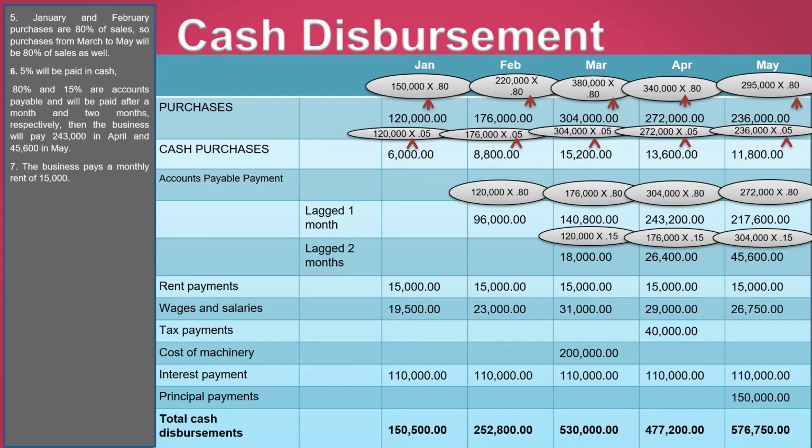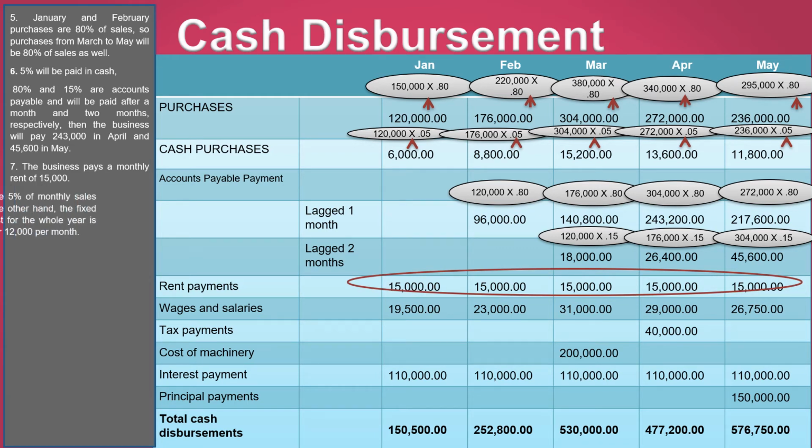Next, we have to take into account other cash disbursements. The business pays a monthly rent of 15,000. That's why 15,000 will be posted on each month. Wages are 5% of monthly sales, and on the other hand, the fixed salary cost for the whole year is 144,000 or 12,000 per month.